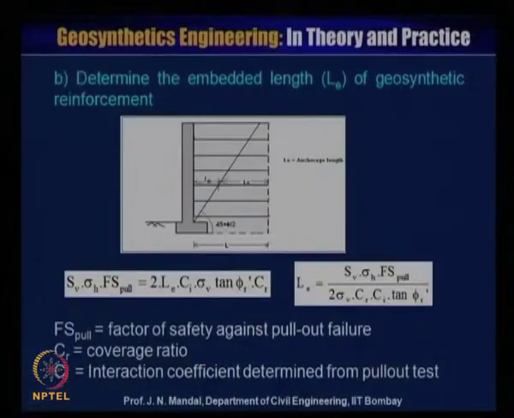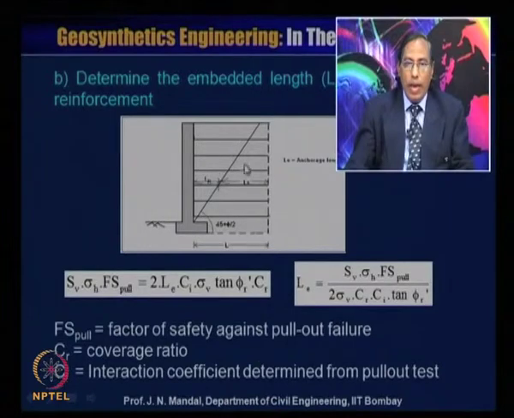If required, to determine the embedment length LE of the geosynthetics reinforcement. So, here you can see this is the reinforcement, length of the reinforcement is L, and this is the LE, which we call anchorage length. So, from the pull out you can calculate what will be the anchorage length LE.